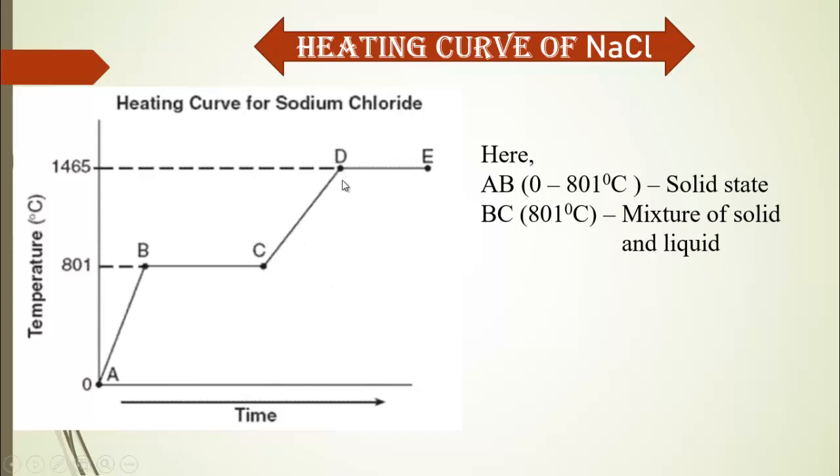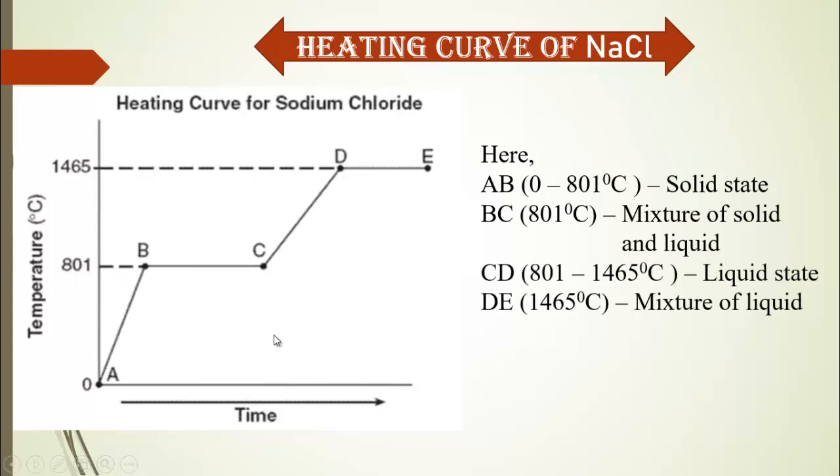Now C to D, where the temperature range is 801 to 1465 degree centigrade, the physical state is what? Only liquid state. That means this is the liquid state of sodium chloride. Now D to E, that is the boiling temperature of sodium chloride salt.